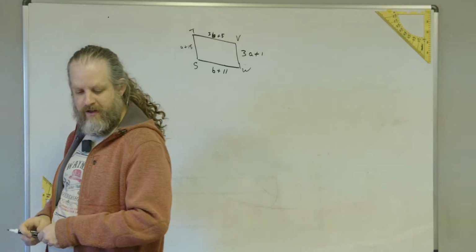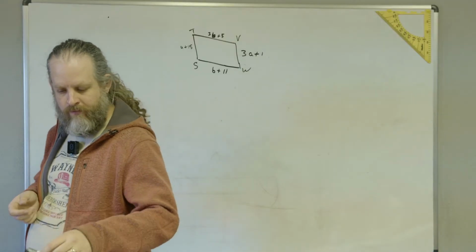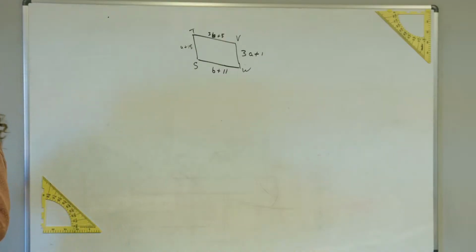It says it's a parallelogram up in the instructions. So we're supposed to find the value of A and the value of B. What fact can we use about parallelograms to let us do that? Opposite sides are congruent. That's true.